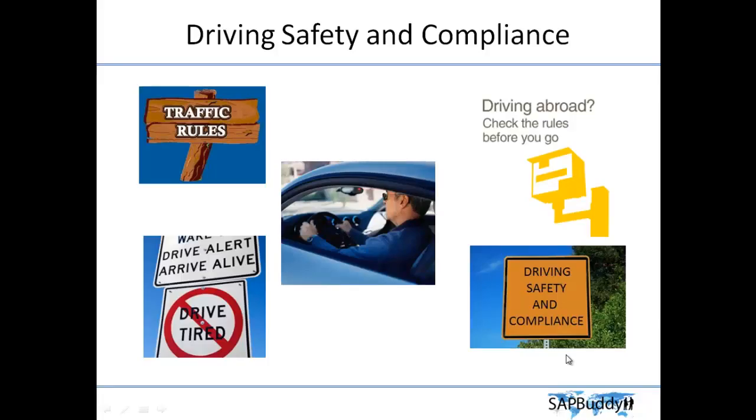Let me explain this with a real-time example. Let's assume that you are driving a car. You have a set of rules that you are expected to follow, right? First of all, you need a driving license and insurance. Then your car must be inspected for compliance with safety and environment laws.